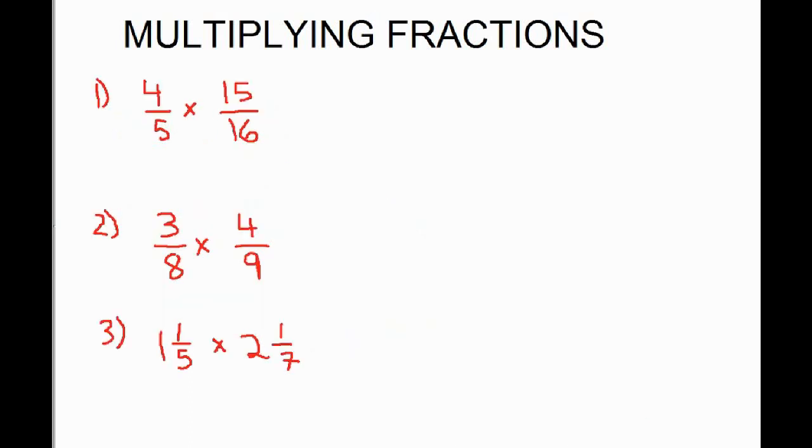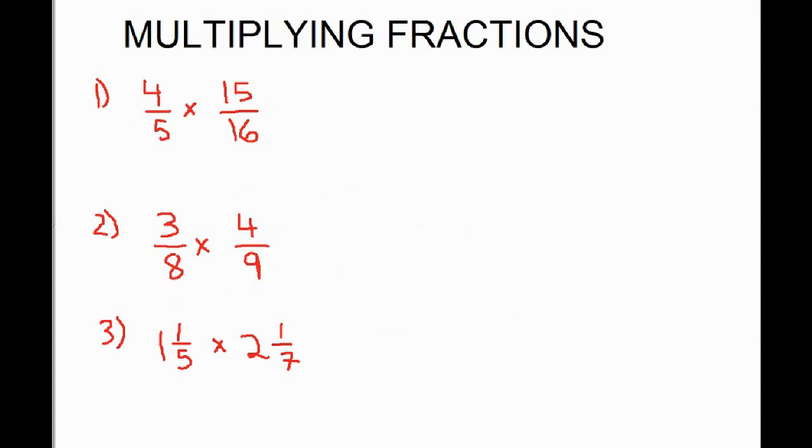So to finish off our second part of multiplying fractions, where we try to reduce in the question before we do the multiplying, go ahead and try these three. So once again, with each of these, before you multiply, see if there are any common factors in numerators and denominators, and divide both the numerators and denominators by those common factors, and reduce the question first, and then multiply.